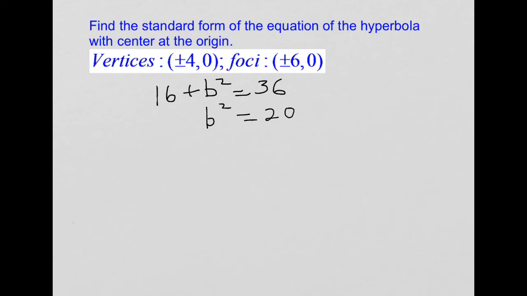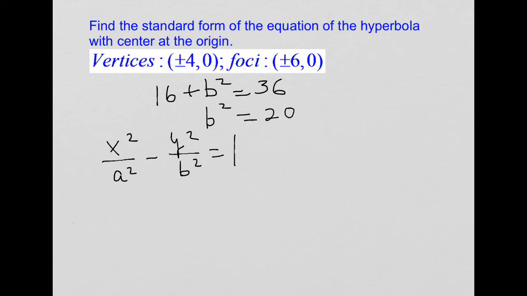And our standard form with the origin being the center is x squared over a squared minus y squared over b squared equals 1. We know we're using this form because we've already determined that this is a horizontal hyperbola.